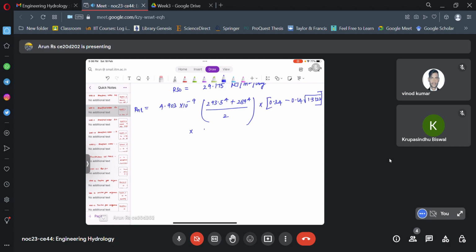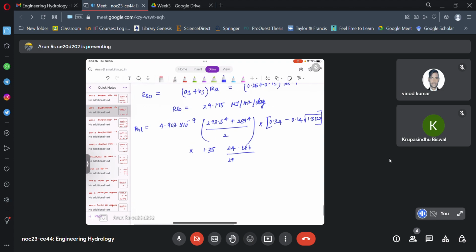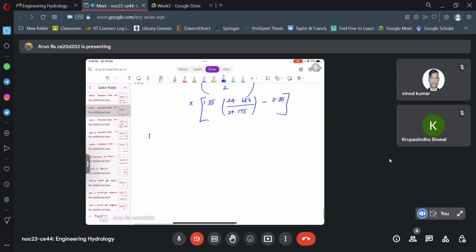Multiplied by 1.35 into your RS, 24.686, which we calculated previously, and your RS naught is 29.175, minus 0.35. So this is a big expression. If we calculate this, your net long wave radiation that is emitted from the surface of the earth is 5.022 megajoule per meter square per day.